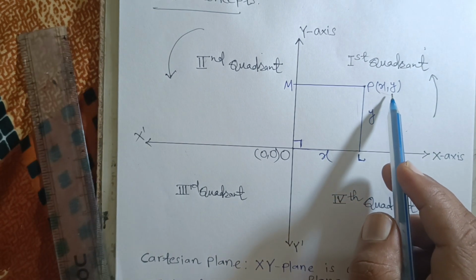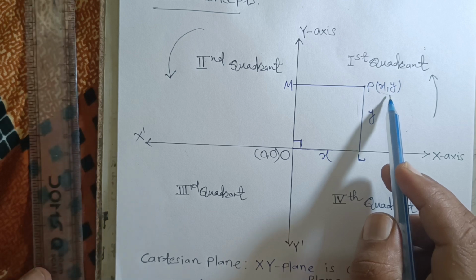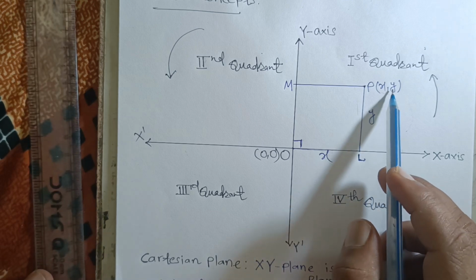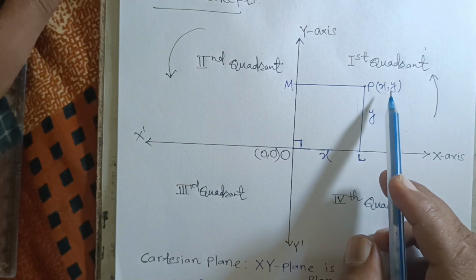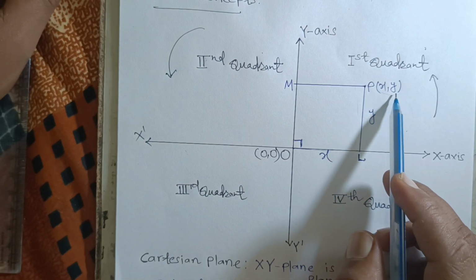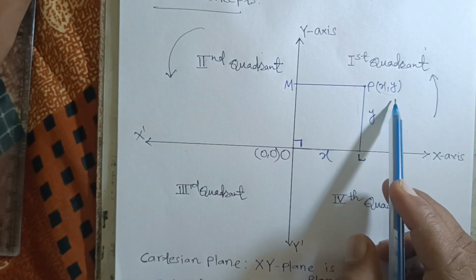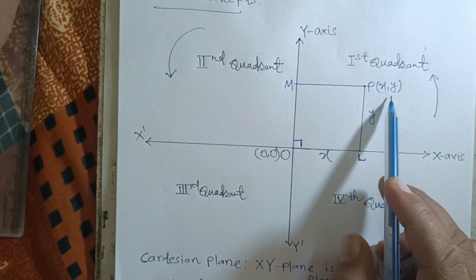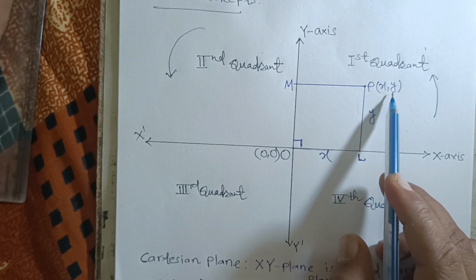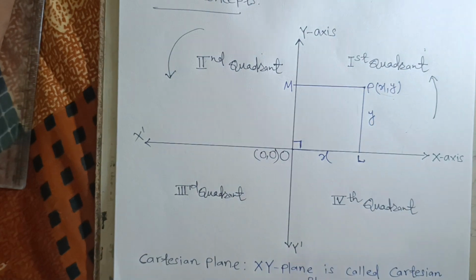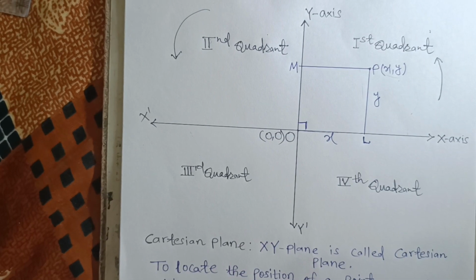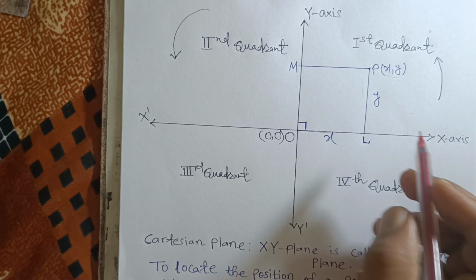Coordinate contains two values, x value and y value. First is the x value and second is the y value. X and y both are variables. There is a specific sign for each quadrant.